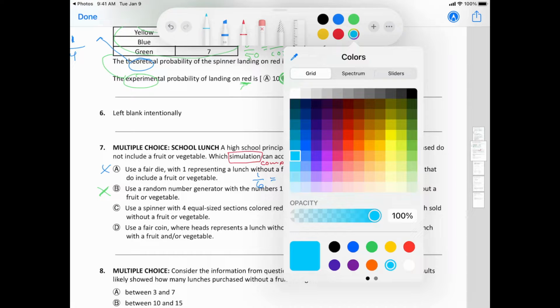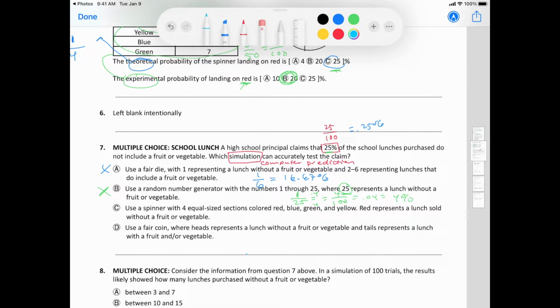Okay, so use a spinner with 4 equally sized sections colored red, blue, yellow, green, just like we did above, and red represents a lunch sold without fruit or vegetables. So that would be 1/4, and 1/4 is 25%. So that one matches.